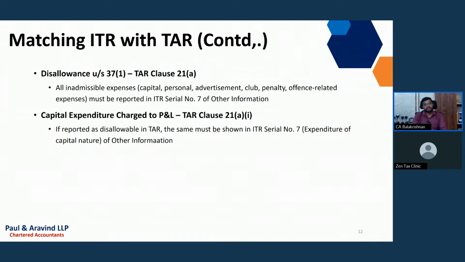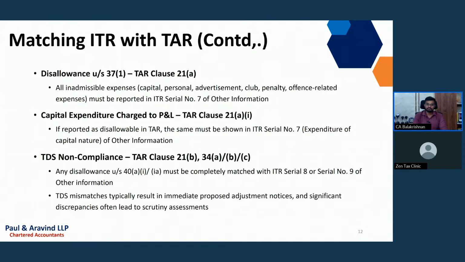If the assessee objects to correcting the books, then only this can be reported in clause 21A1 of the tax audit report. If it is reported in the tax audit report, then it must be reported in ITR 7 also, in serial number 7 of Other Information.